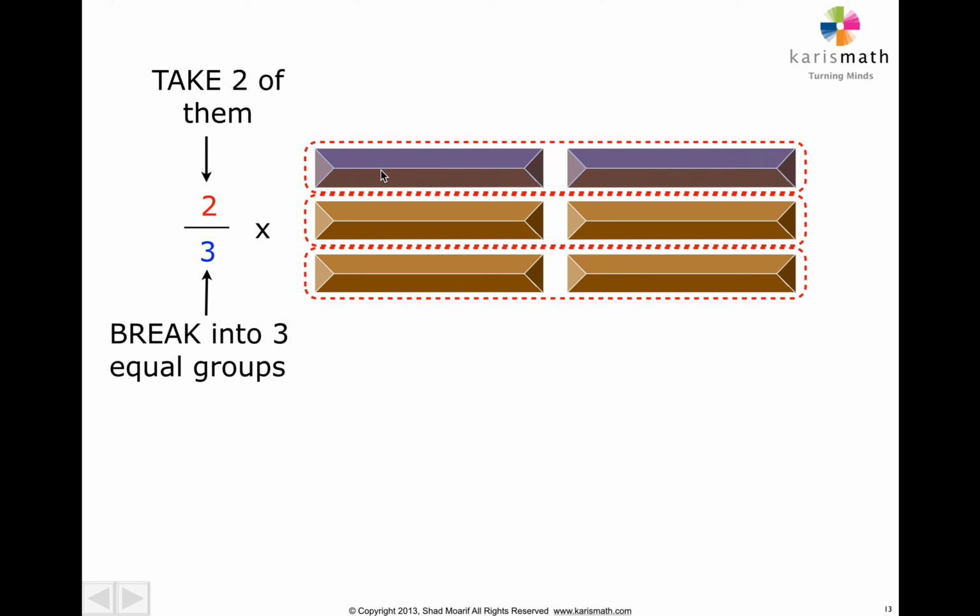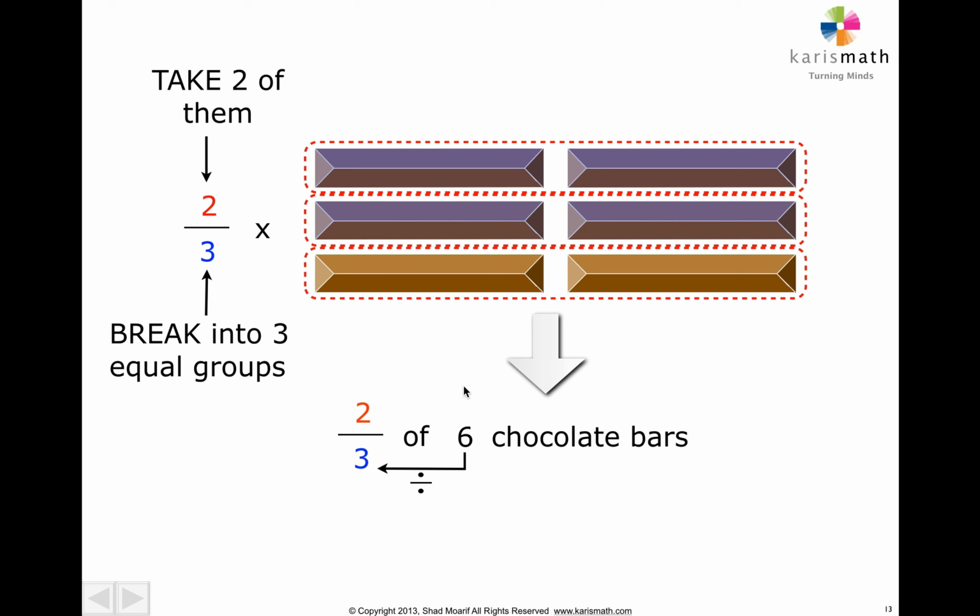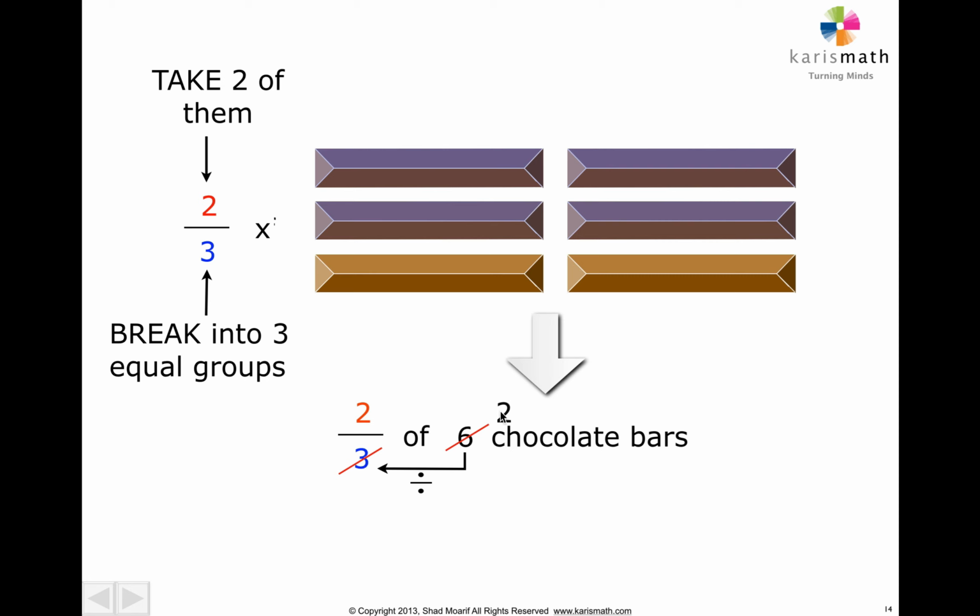That's 1, 2. 2 equal groups, which means you took how many bars of chocolate? 2/3 of 6 would be: 6 you broke into 3 equal groups. Each group has 2, and you took 2 of those groups, so you get 4 bars. Can you remember that? 2/3 of 6 chocolate bars is 4 bars. You don't have to remember it. You can actually work it out on your own.